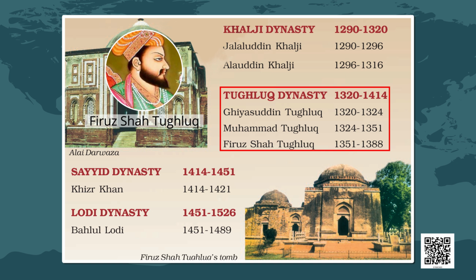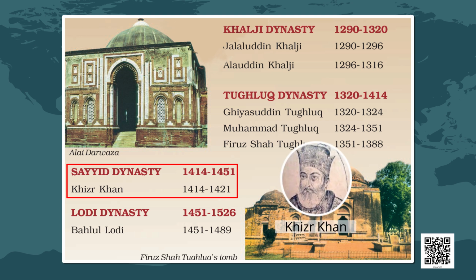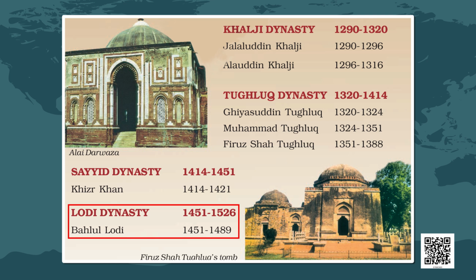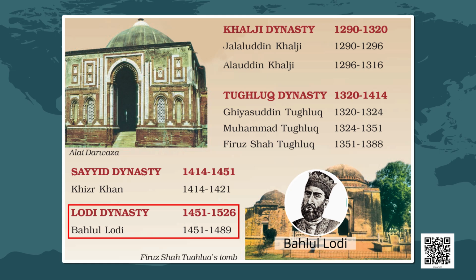After the Tughlaq dynasty, the Sayyid dynasty ruled Delhi between 1414 and 1451. Khizr Khan was a famous ruler of this dynasty. He ruled from 1414 to 1421. After the Sayyid dynasty, the Lodi dynasty ruled Delhi from 1451 to 1526. Behlol Lodi was a famous ruler of the Lodi dynasty. He ruled from 1451 to 1489.